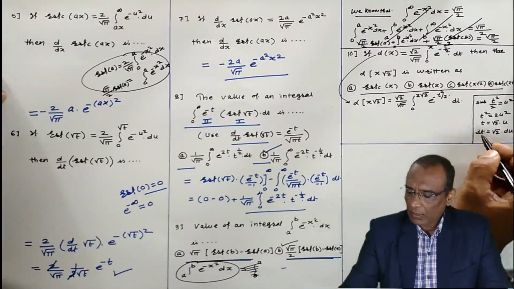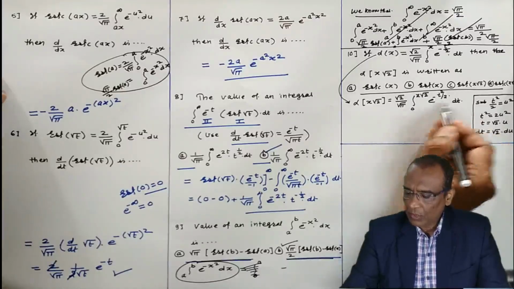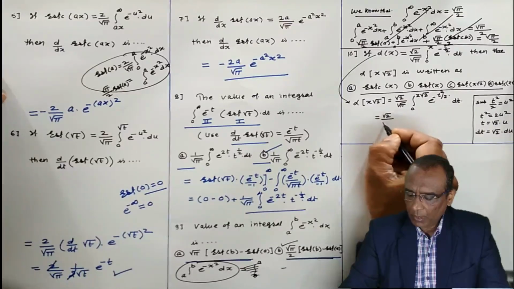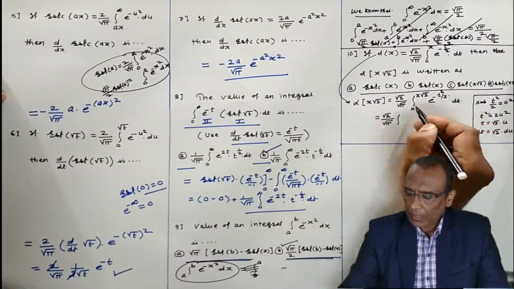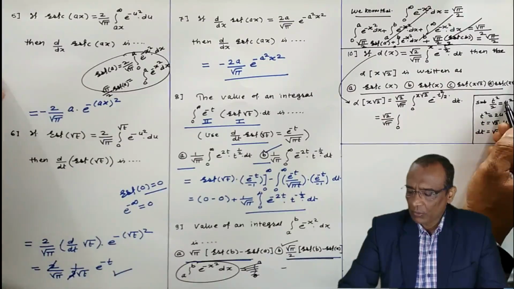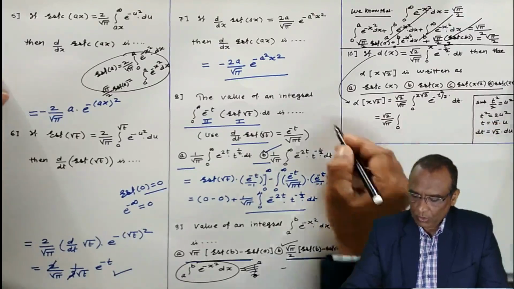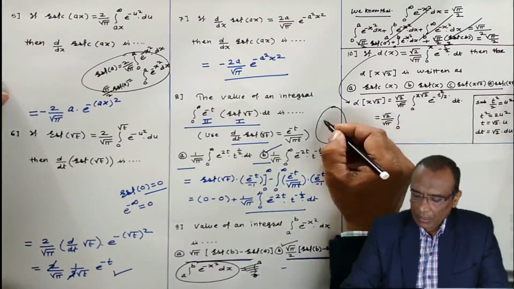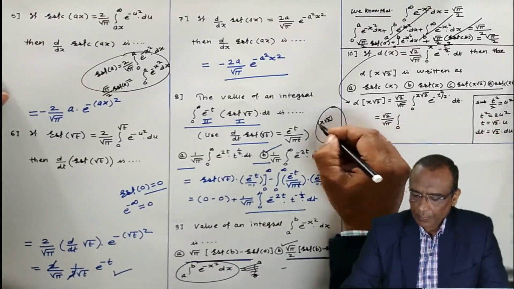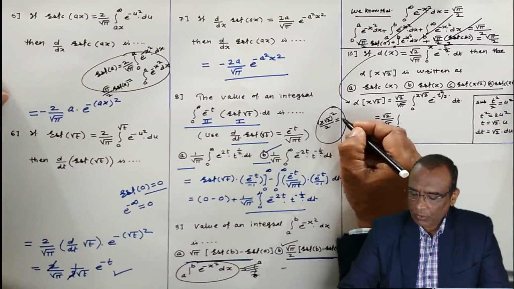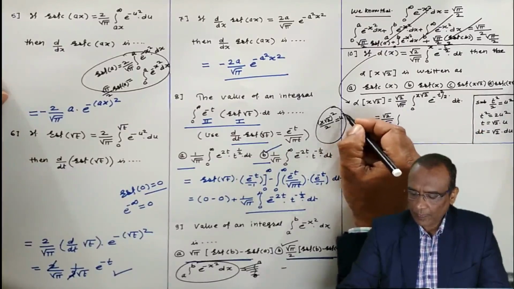When t is 0, then u is 0. When t is x root 2, u square is equal to, if you substitute t equal to x root 2, x root 2 square by 2 is equal to u square.